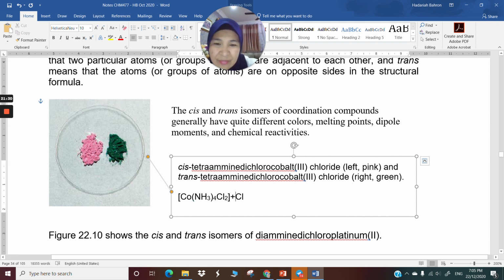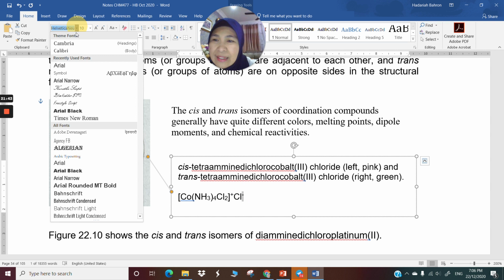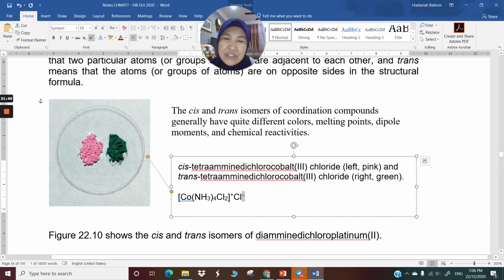The complex ion must have a charge of 1 plus. That means there is only one chloride to counter that charge, because this is cobalt(III).